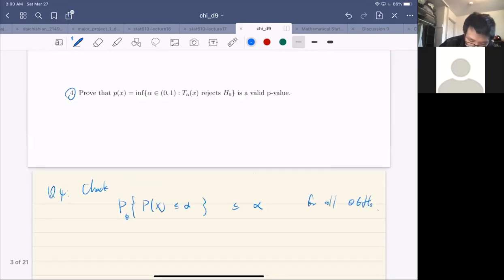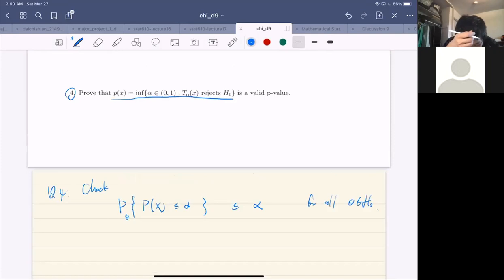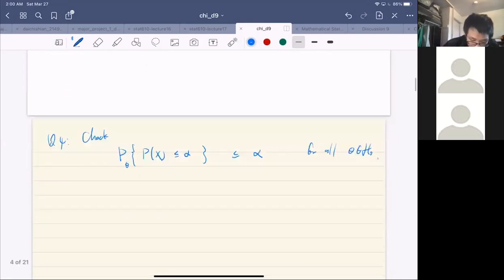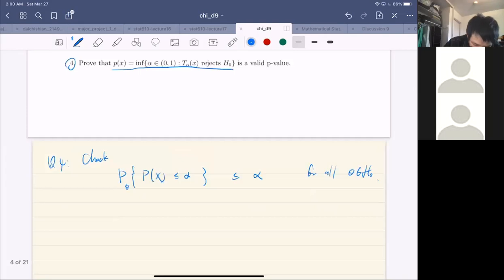And we have p(x), look at this. Next, if p(x) is smaller than alpha, this is an event.